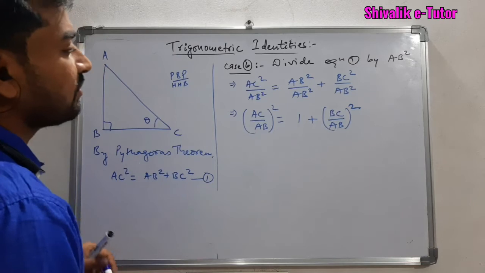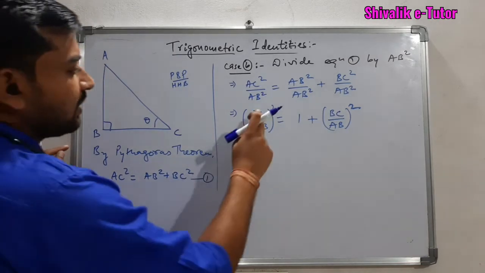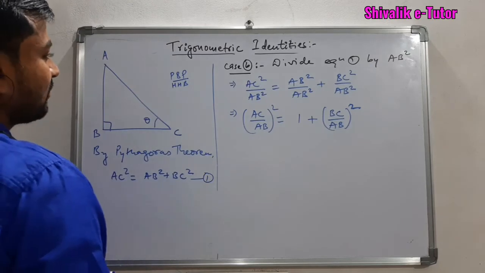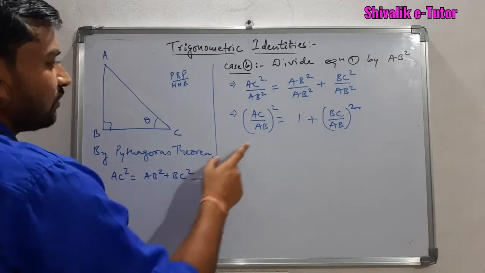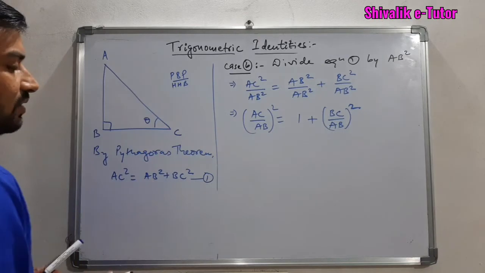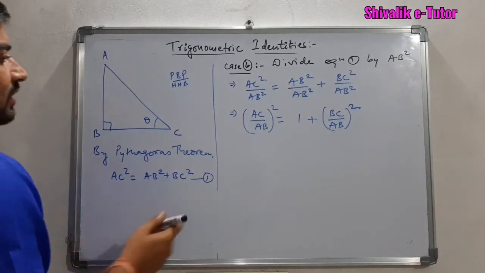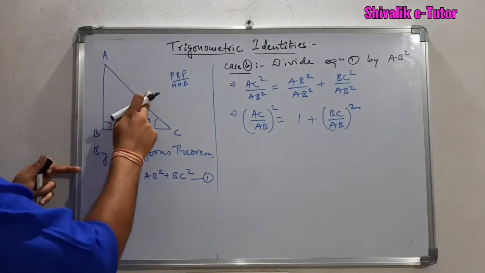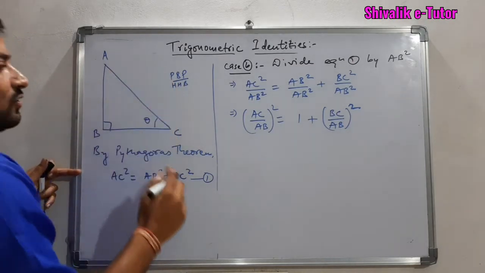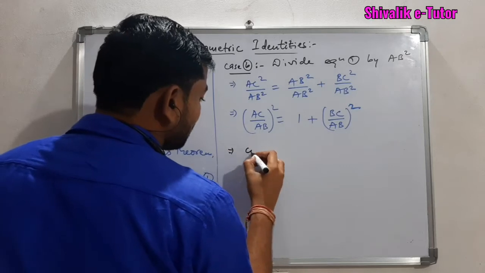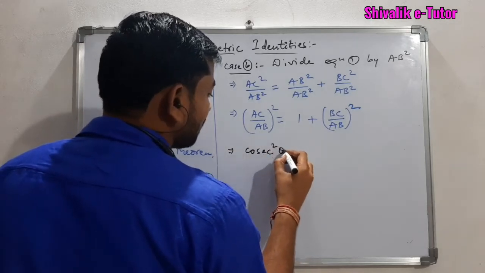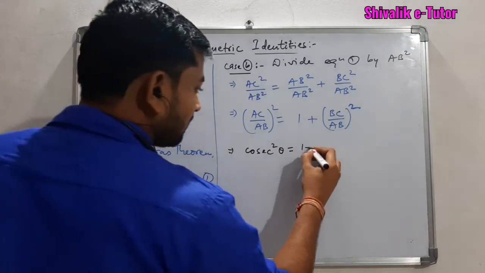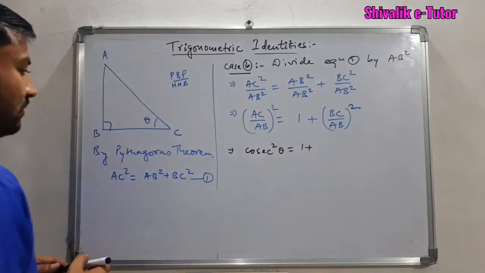Now let us convert this into trigonometric ratios. AC upon AB: AC is hypotenuse and AB is perpendicular. Hypotenuse upon perpendicular is the reciprocal of sin theta. So it is cosec square theta is equal to 1 plus BC upon AB.